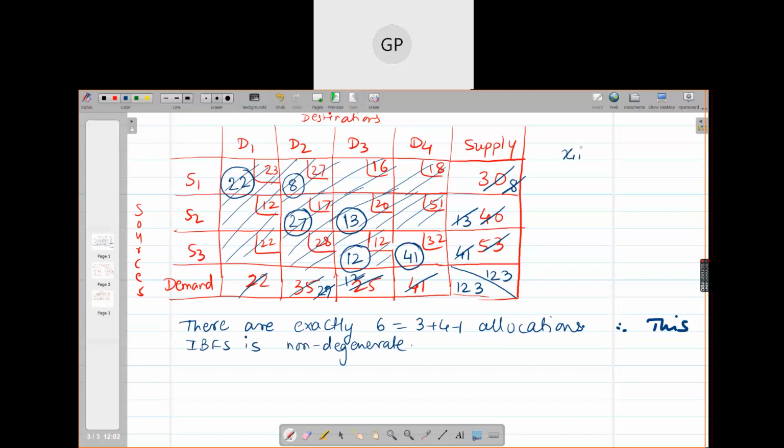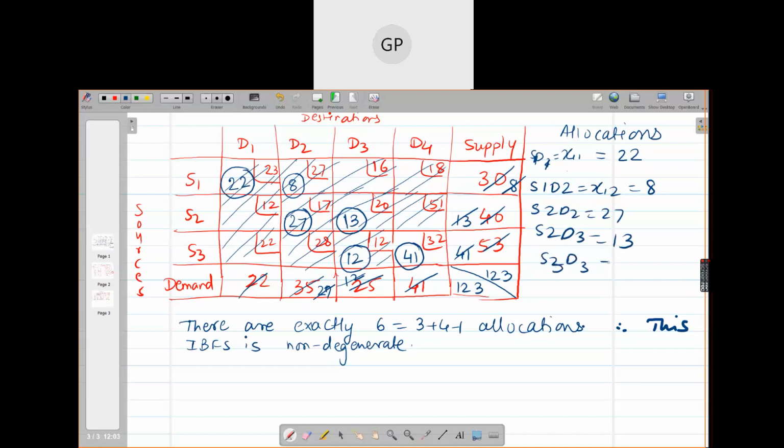Okay. And what are the allocations? How will you write the allocations? X11 is equal to 22, or you can write S1 D2 also, doesn't matter girls. You can write as the problem is given. Then S1 D1, then S1 D2 is 8, S2 D2 is 27, S2 D3 is 13, S3 D3 is 12 and S3 D4 is 41.